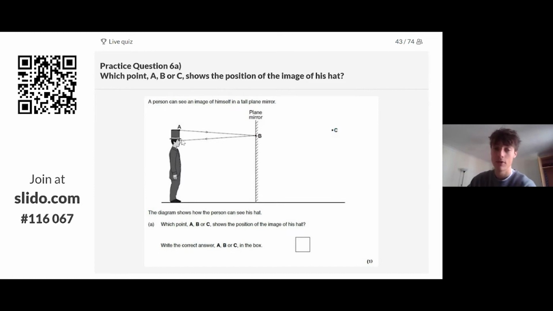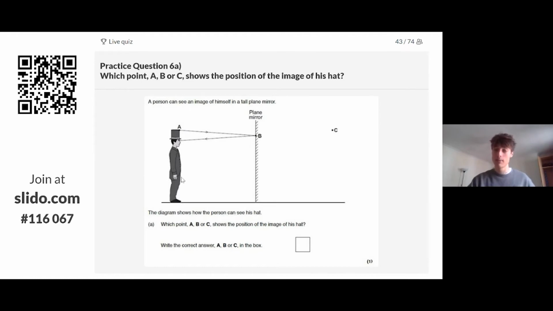If you draw more than one, for example, one coming from the middle of the hat, it would be reflected off here just below point C, point B maybe, and reach our eye, and it would look like it's coming from around point C as well. You can picture this more if you have more than one light ray, but in general, when you have a plane mirror, it's basically symmetrical.